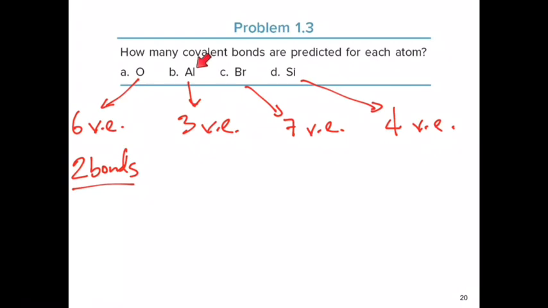Aluminum has less than 5 valence electrons, and so it can only form 3 bonds. And here we have bromine, which has 7 valence electrons. Subtract this from 8 and you have 1 bond. And finally, silicon is basically similar to carbon. It has 4 valence electrons, and so we can form 4 bonds.